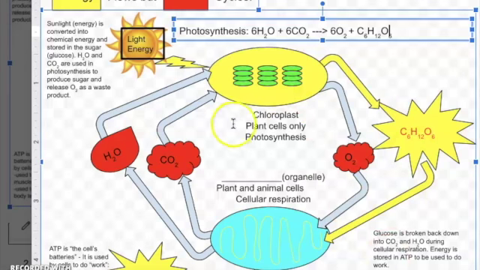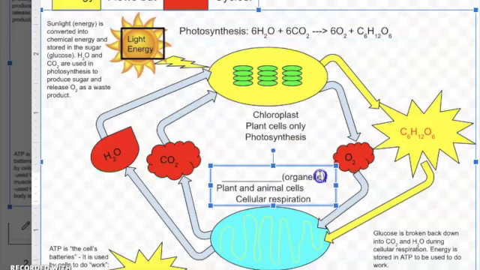So now we've correctly identified both the reactants and products for photosynthesis. I want to go ahead and tell you that the structure that's being shown down here is the mitochondria. These are present in both plant and animal cells because both plant and animal cells do go through cellular respiration.